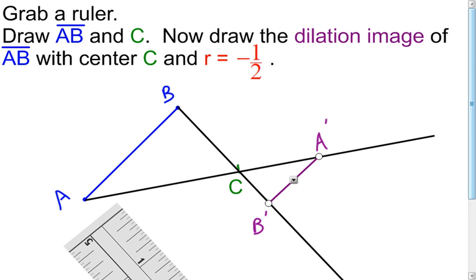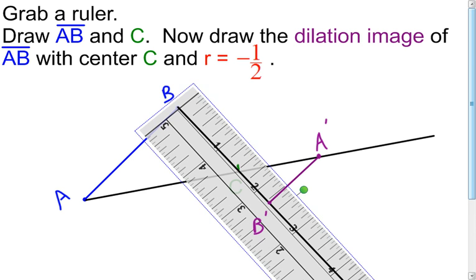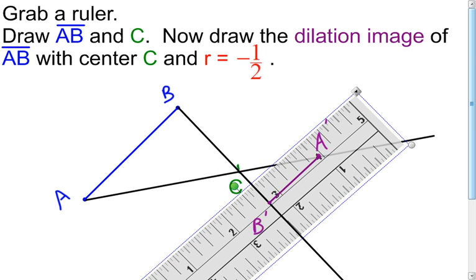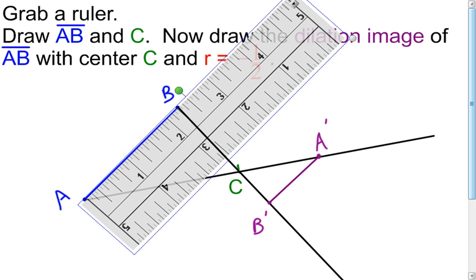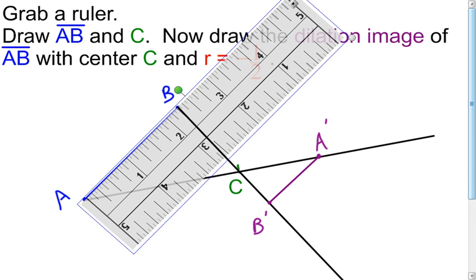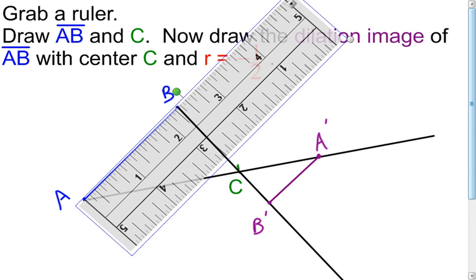Now, if it's a true dilation, the scale factor should hold up here as well, where if I take half of that, I'm going to get the length of this. I could use my ruler, put it on here, and you're going to find out that this one's approximately 2 1/4 inches long, a little bit longer.